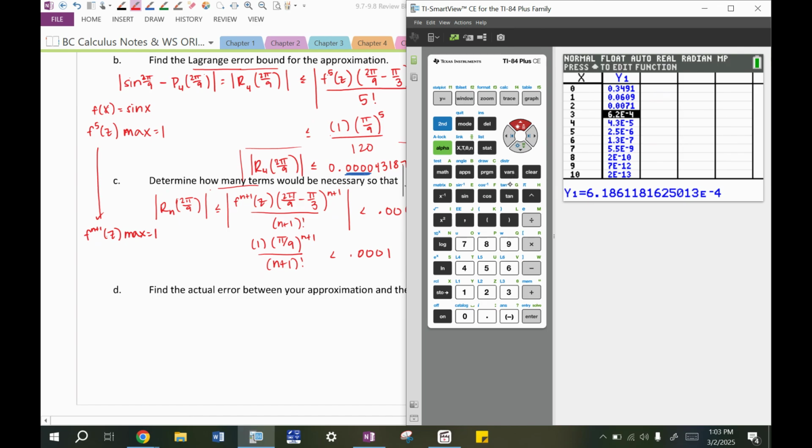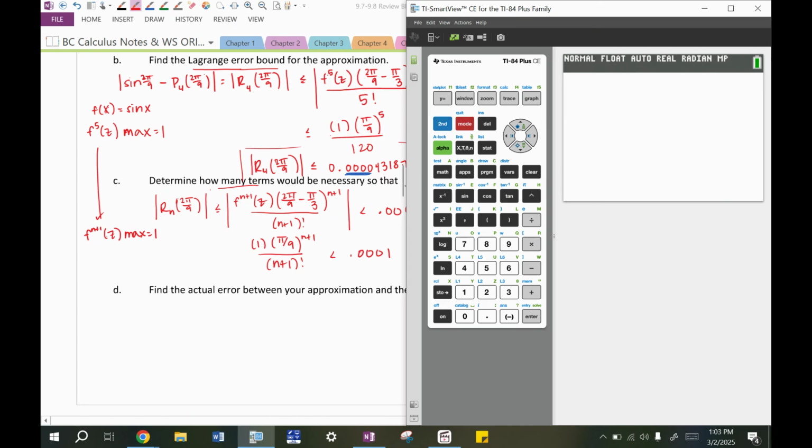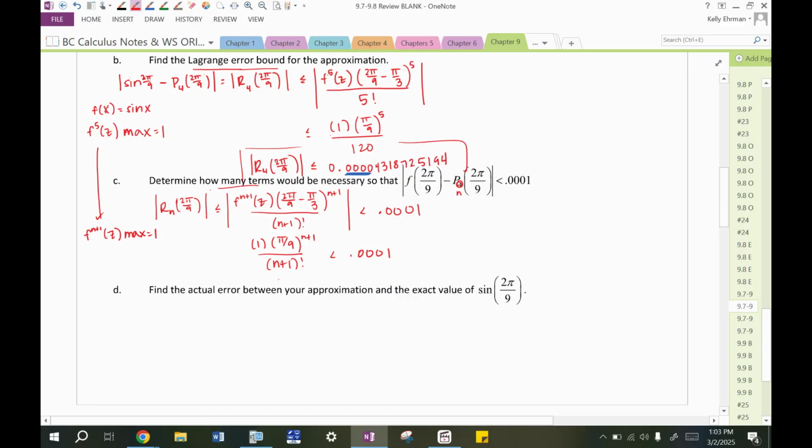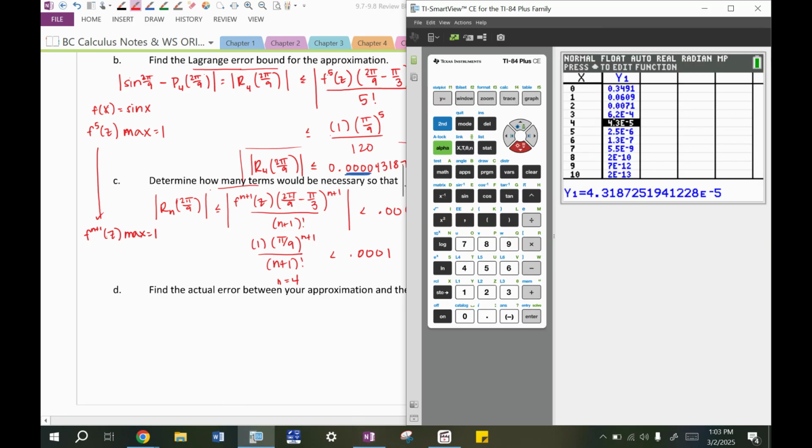I don't think that's going to work. If we want to double check this, if we did flip this around, we'd be comparing to 1 over 10,000. But yeah, I think I'm going to go with n equals 4 for this one. I'll probably have to adjust my key. So I'm getting n equals 4 because that gives me something less than 0.0001. So I think that's okay.